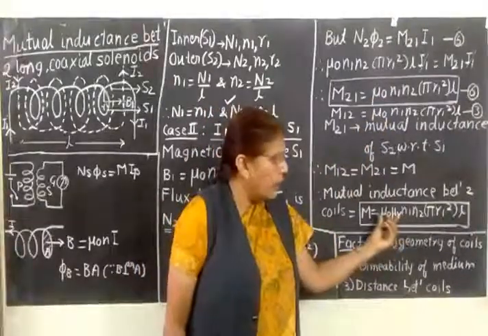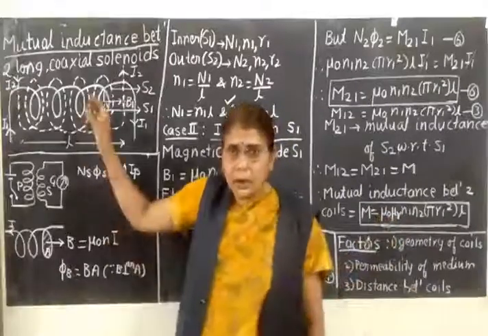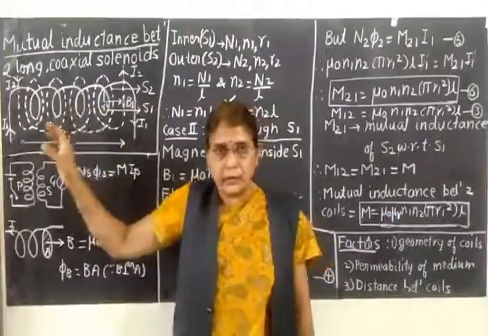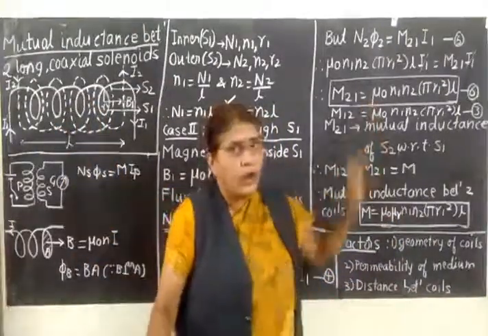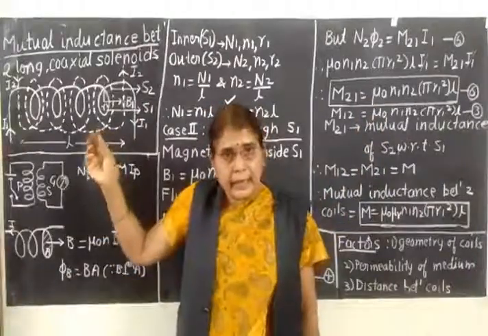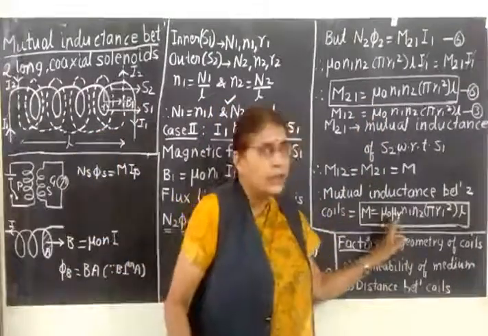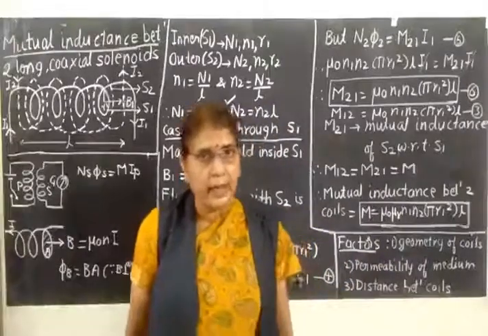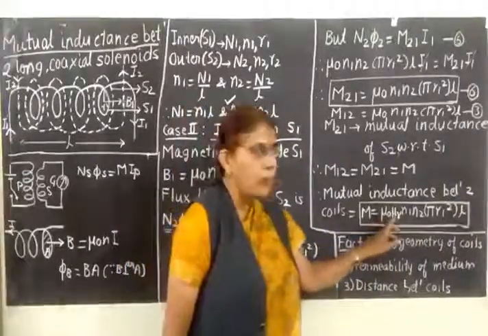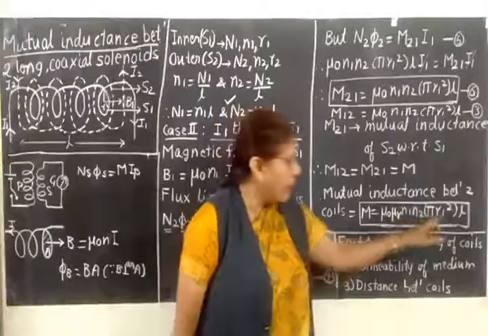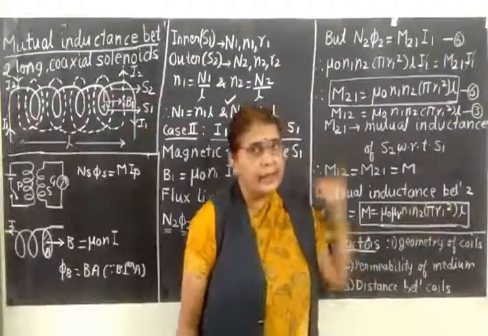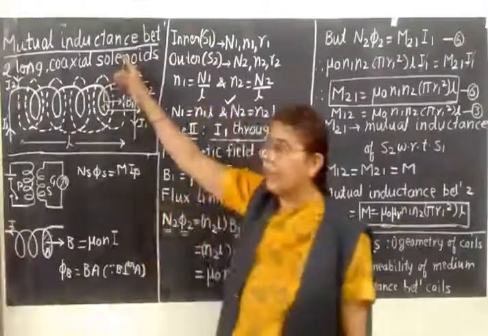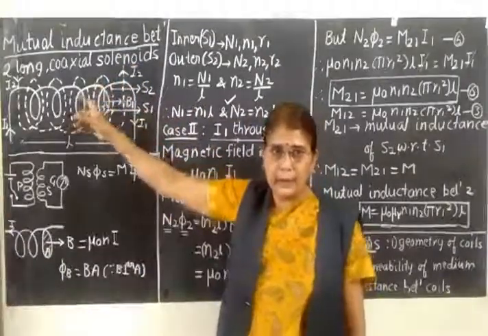For air medium it is only mu 0. Mu r is the permeability of the medium inside the solenoids. So mu 0 mu r N1 N2 pi R1 square into L is the final expression for mutual inductance between the two coils.